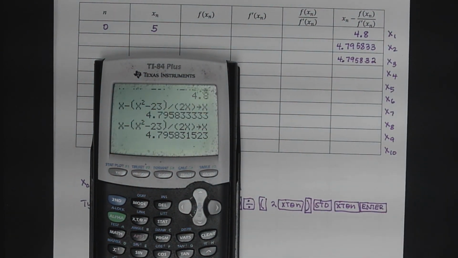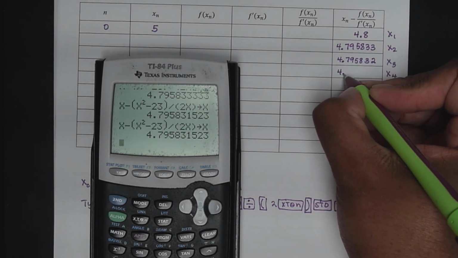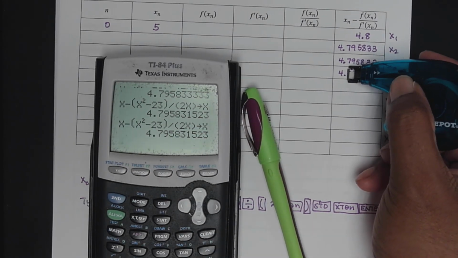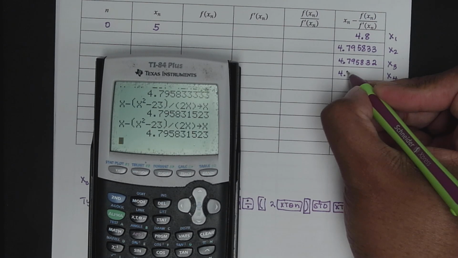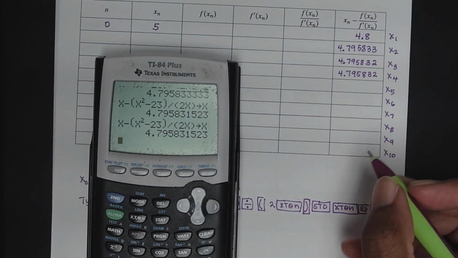And then x4, you'll press enter again. Notice we get the same thing, 4.795832.